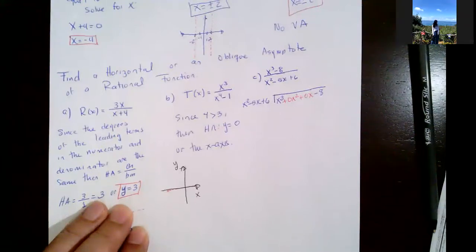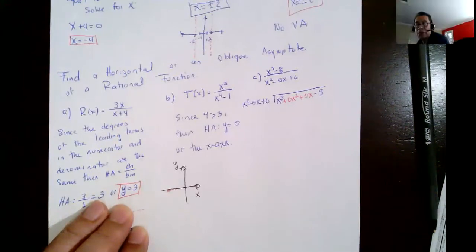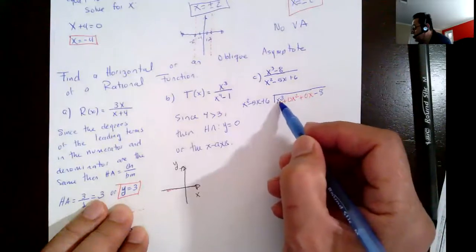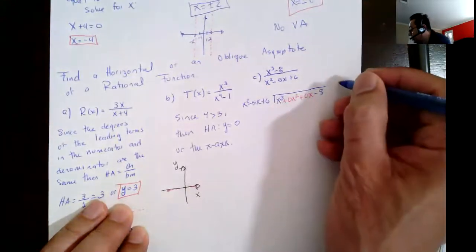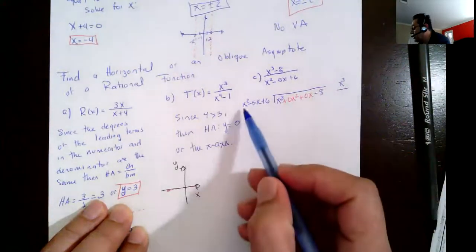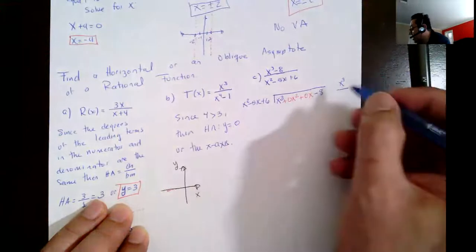Okay? All right, so if we remember long division, how do we find the first term in the quotient? We get the leading term in the dividend, which is x cubed. I'm gonna do it right here. And you divide it by the leading term in the divisor, which is x squared.